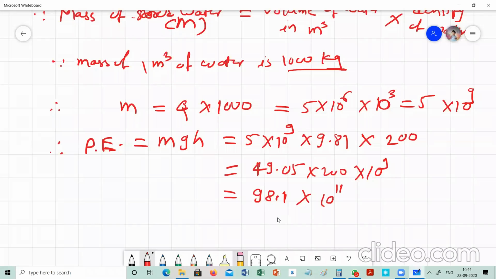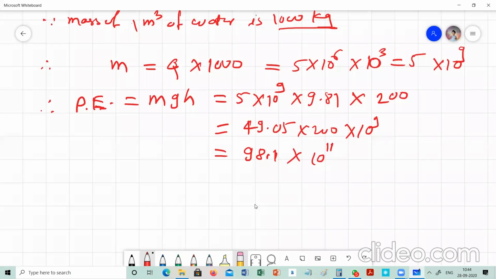Okay, now we have potential energy, 98.1 into 10 raised to 11. Obviously its unit is watt second or joule, unit of energy.